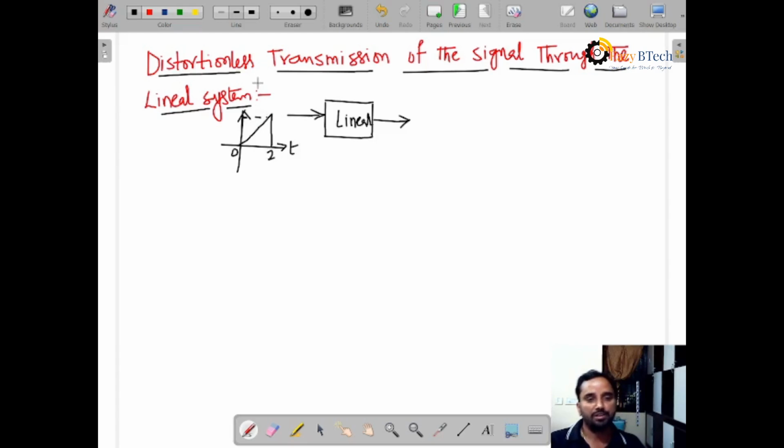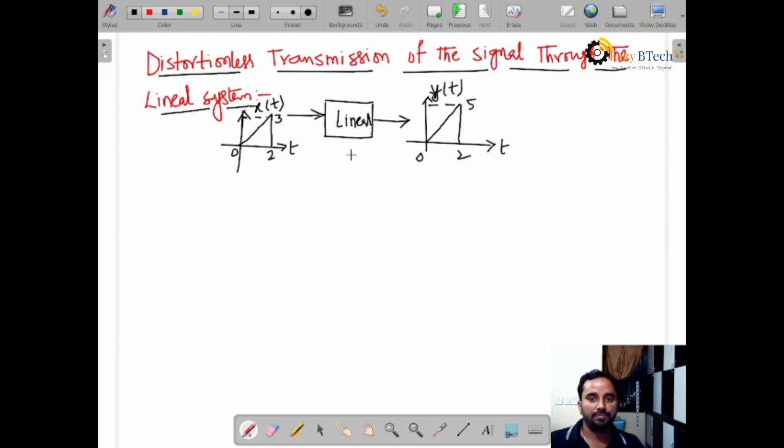So distortionless means the shape of the output signal. Okay, so x of t is the input signal, the amplitude is 3. For example, the output is also similar to input, exactly the same as input. Suppose from 0 to 2 the amplitude is here 5, so the amplitude is increased, so this is y of t.